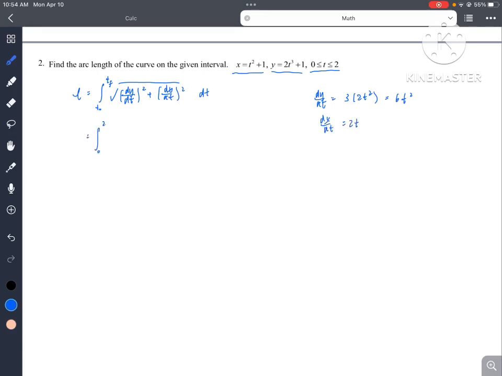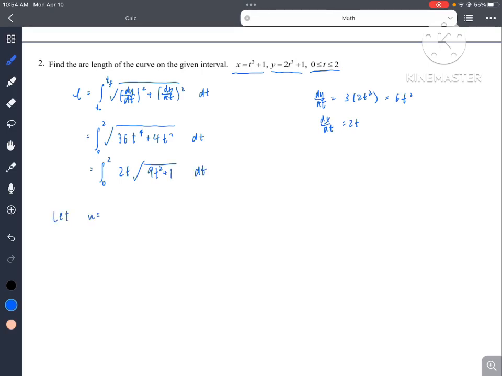So it's just equal to the integral from 0 to 2 of the square root of 36t to the power of 4 plus 4t squared. And we can take out a factor of 4t squared, so 2t, and then 36 divided by 4 is 9, so 9t squared plus 1 dt.